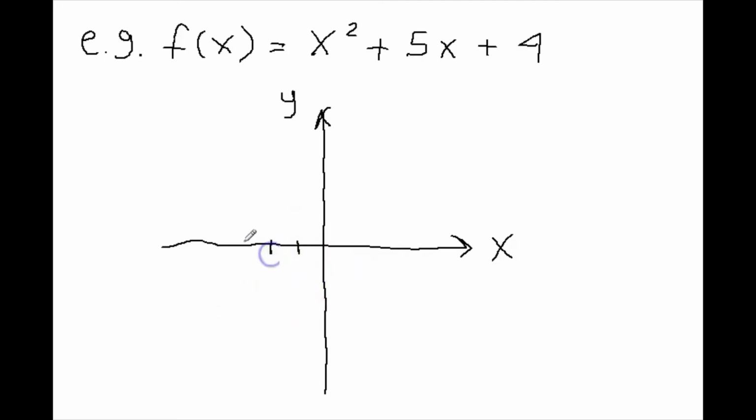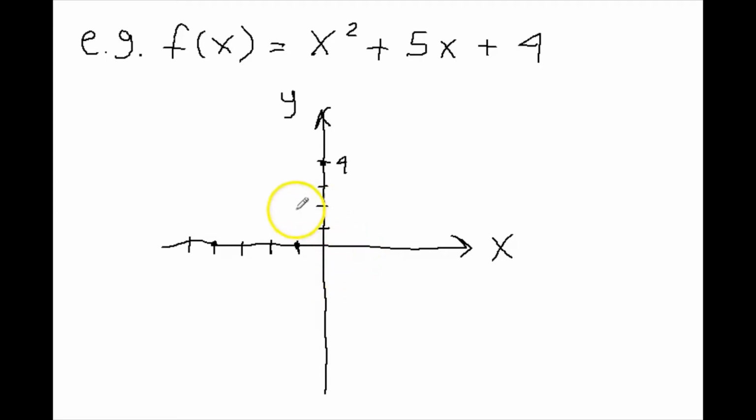So the x-intercepts are negative 1 right there, and negative 4 right there. What is the y-intercept? 4. So here's the y-intercept right here. That's 4 right there.